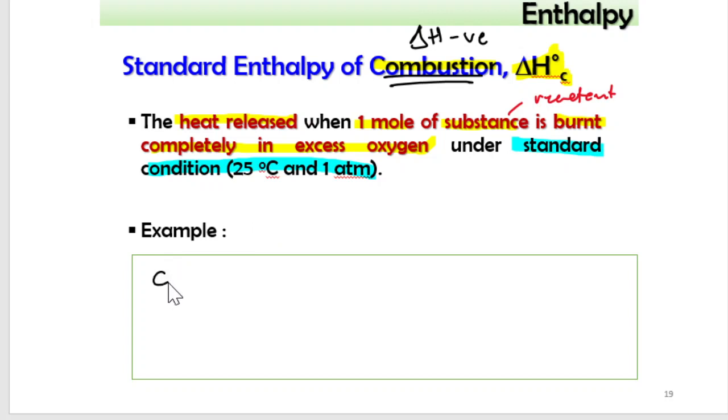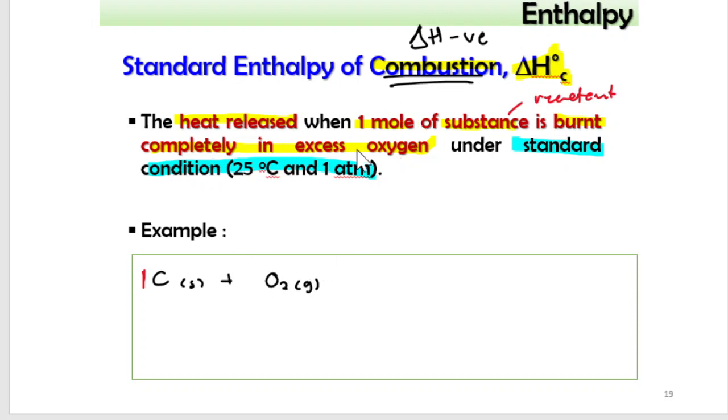Okay, so combustion of carbon. So your carbon in solid. Okay, siapa yang kena 1 mol? Okay, nanti I'll write it. 1 mole of your substance. Okay, your substance here is carbon, mesti 1 mole.